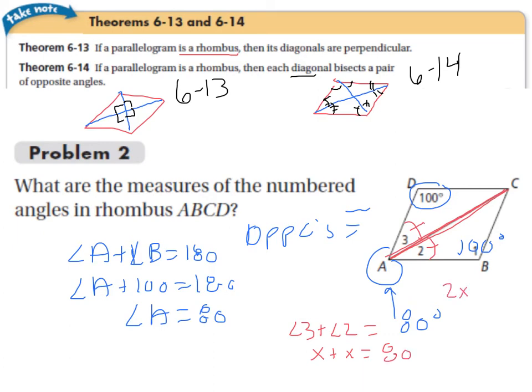So 2x is going to be equal to 80. So I'm going to divide both sides by 2, and x is going to be 40 degrees. So angle 3 is 40 degrees, and angle 2 is 40 degrees, because my diagonal bisects each angle. So angle 3 and 2 are the same measurement.